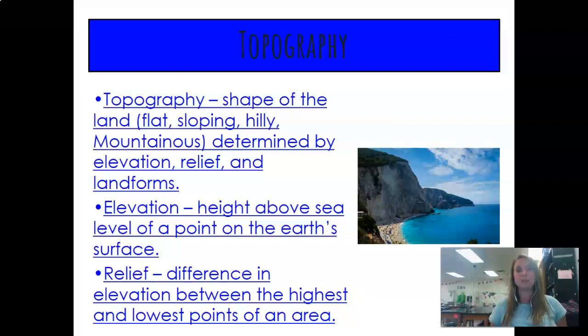And so the elevation changes, and elevation is just the height above sea level of a point on the Earth's surface. We're going to be basing a lot of our elevations on sea level, and then figuring out what is the point that this land feature is moving up to. If you think about Hebron, Kentucky, we are sitting up on a ridge area off of the Ohio River.